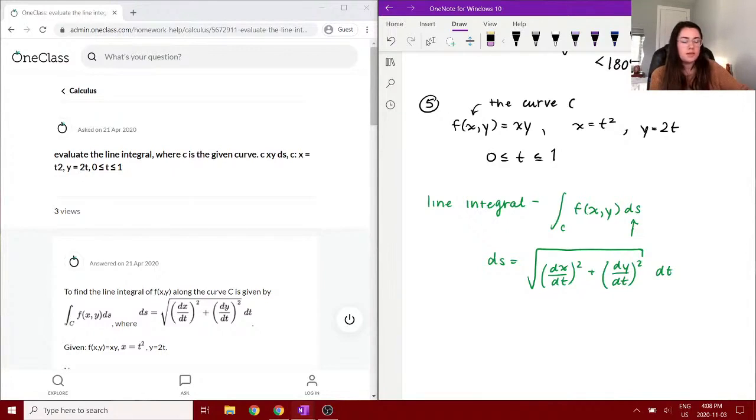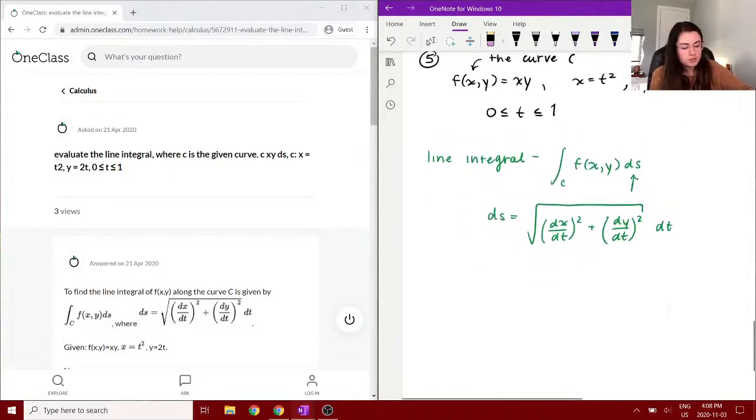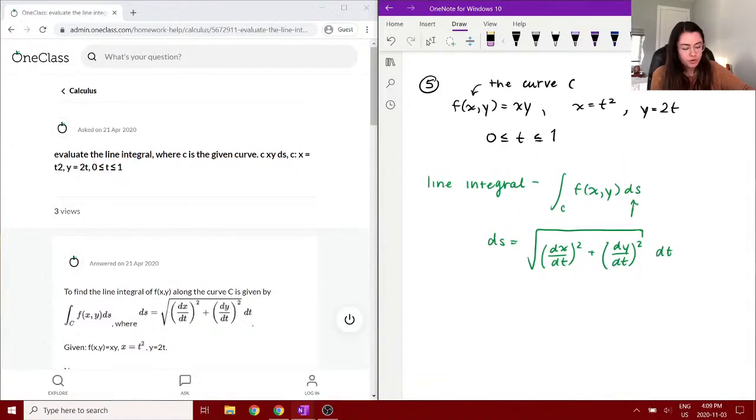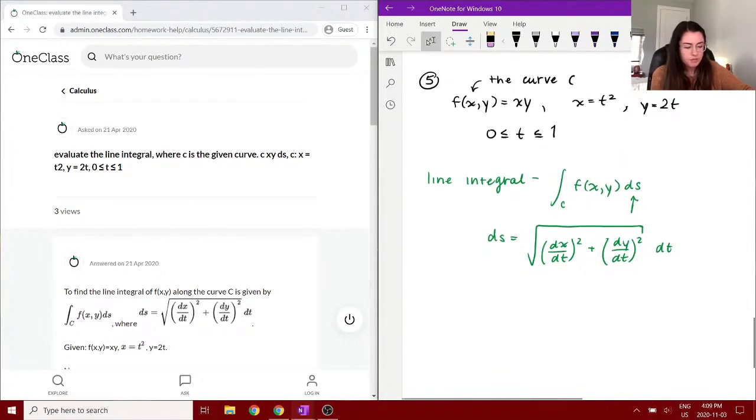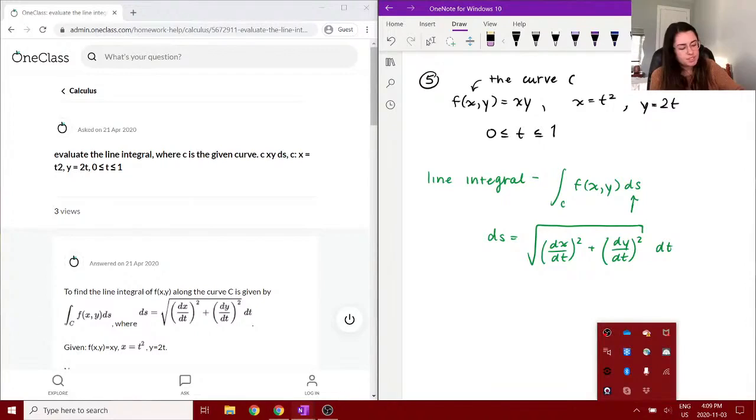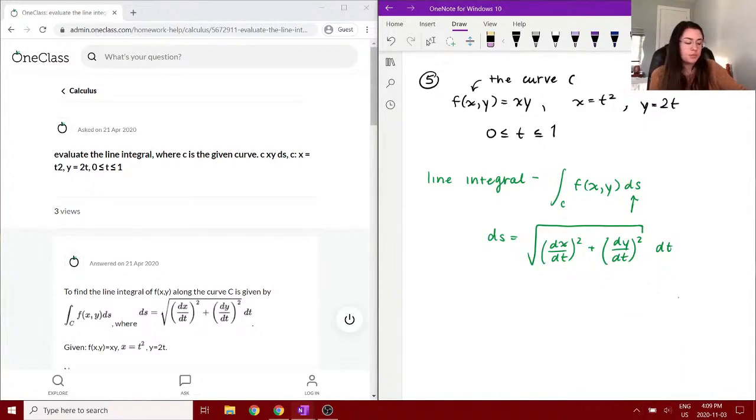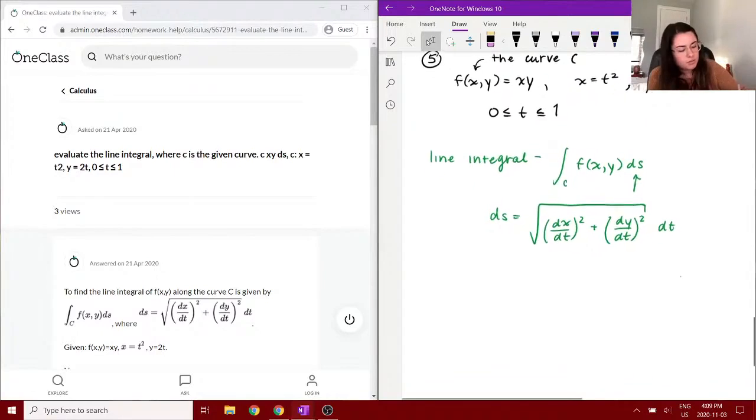Okay, so if we want to evaluate the line integral for this given function of x times y, we need to determine what the derivative of x with respect to t is, and what the derivative of y is with respect to t, so that we can sub them all in. All right, so let's start off with x.